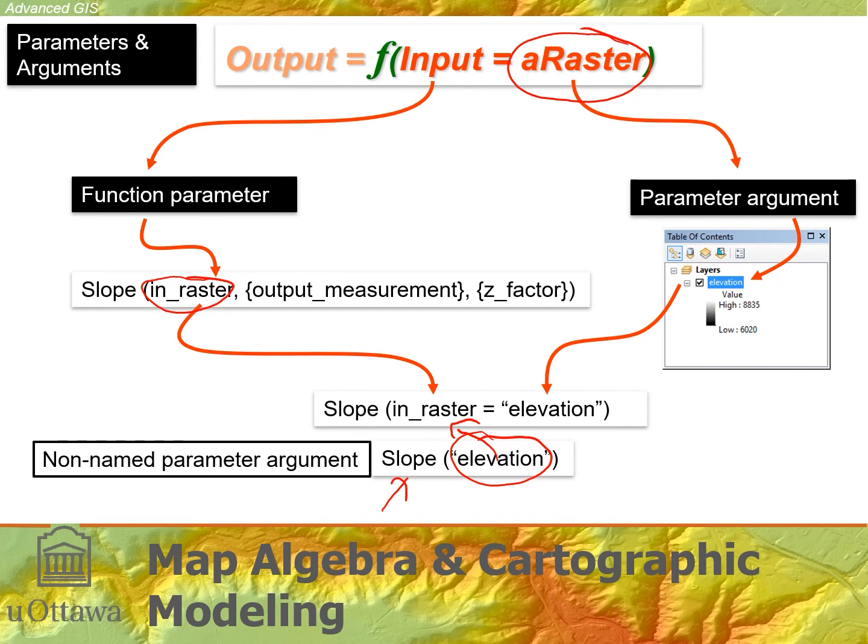We can just say slope elevation, and because it's the first thing, it assigns the first argument to the first parameter, in raster, automatically. And that saves a lot of typing, and most of the time you'll just see statements like this in map algebra. You don't see the explicit typing of the parameter name.